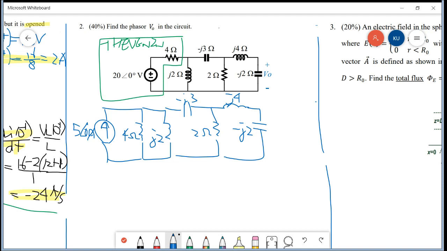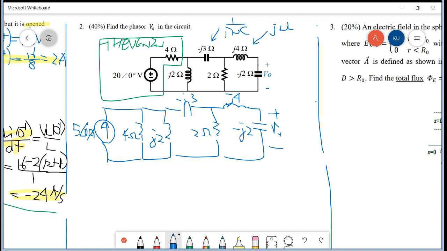Actually, you know that this should be -1 over j omega C, and this should be j omega L. So there should be a frequency for this source, but we don't really care about it. As long as you need to convert it back to the time domain, then you need to know the frequency. But in this case, we don't really need to. So this is VO.